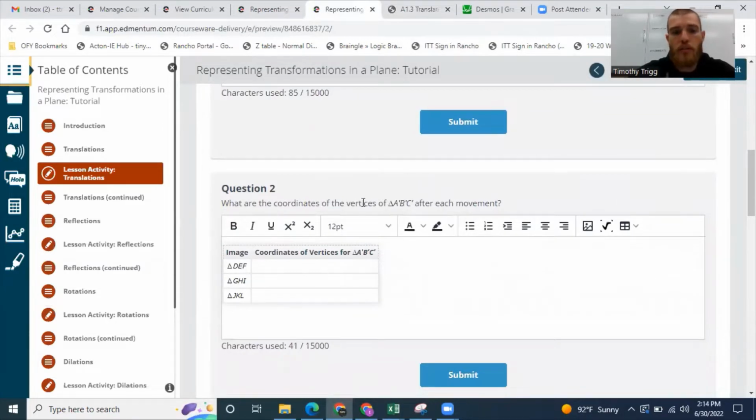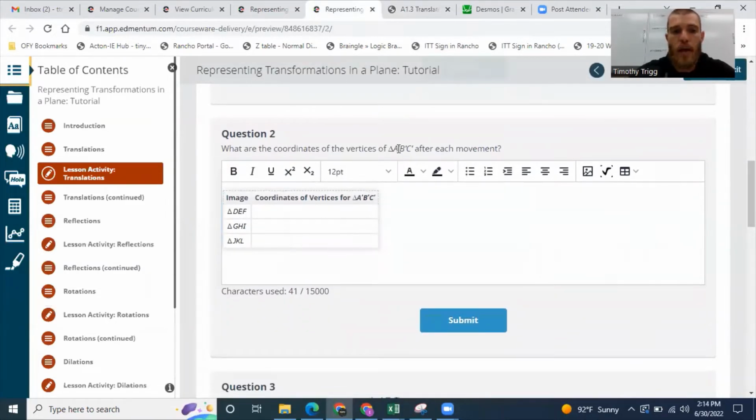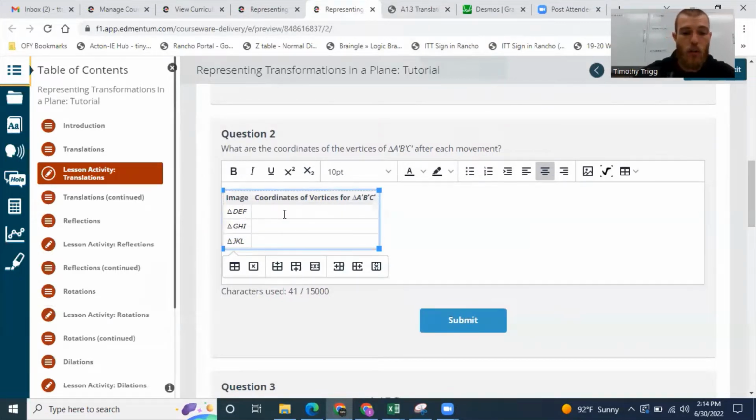What are the coordinates for vertices of triangle A prime, B prime, C prime after each movement? Basically, we would need to find the coordinates for DEF essentially. So what we could say is A prime, and then we're going to put what coordinates it is.